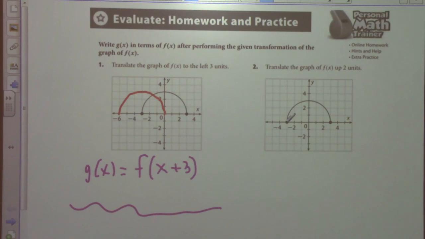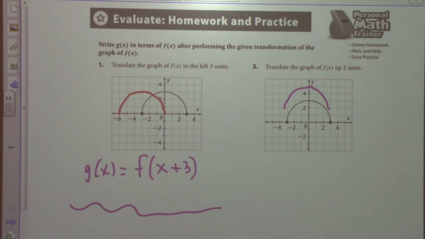Okay, and then if we have number 2, in this case, translate the graph of f of x up 2 units. So we move this graph up 2 units, and that would look something like this, right? 1, 2.